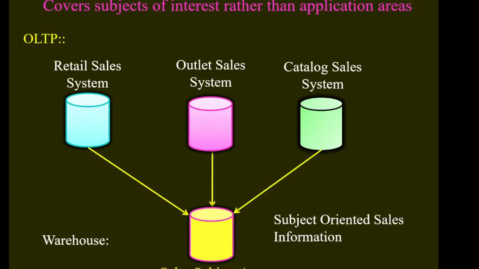What are my sales? So sales is my subject area. So subject oriented sales information is combined, pulled together in the form of a central repository on a subject called the sales subject.